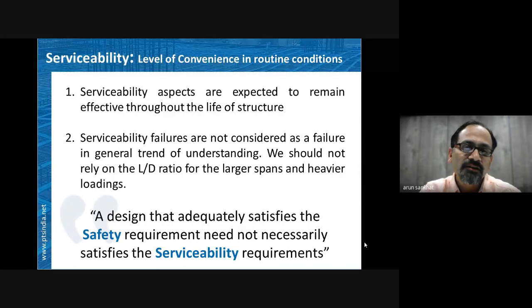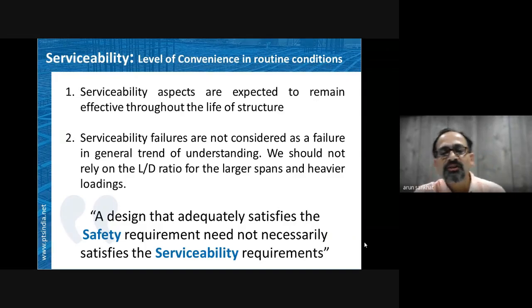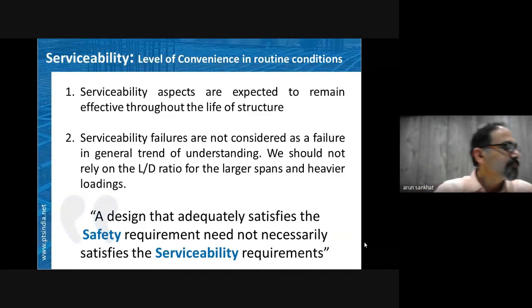Here, serviceability aspects are also important and need to be considered while designing. Serviceability failures are not considered as a failure in the general understanding. We should not rely on the L by D ratio for larger spans and heavier loadings.